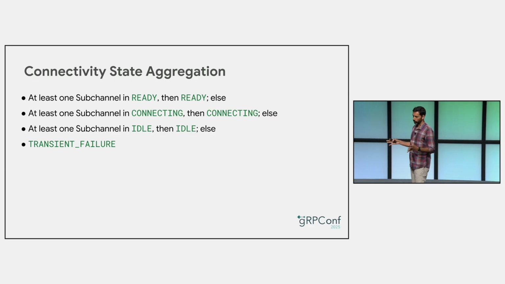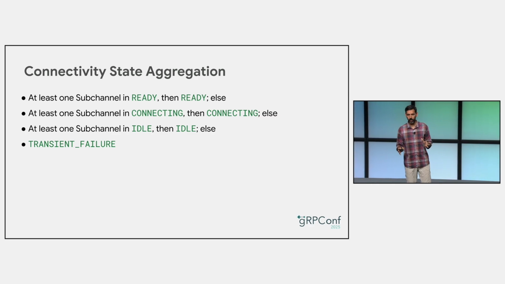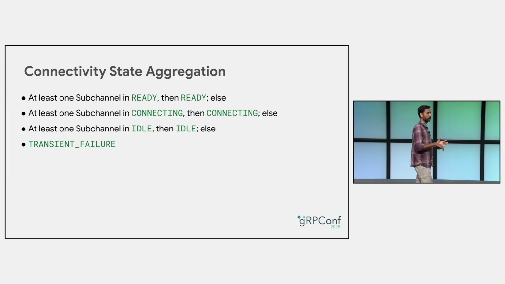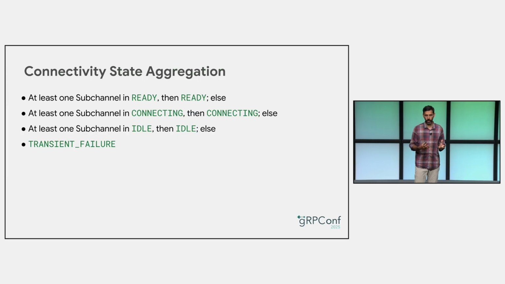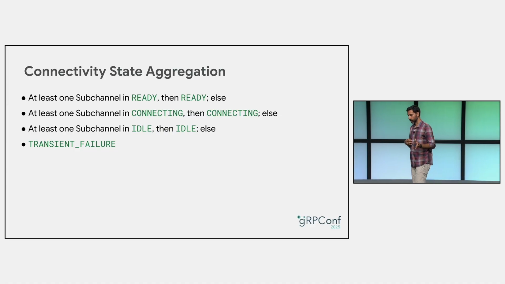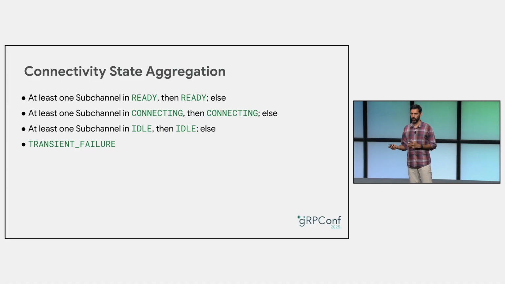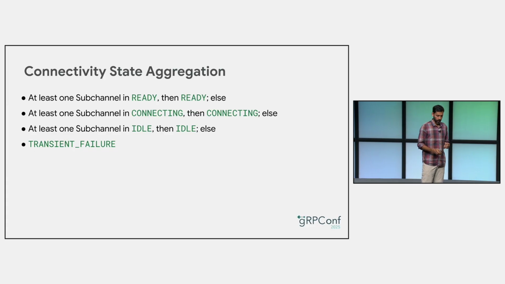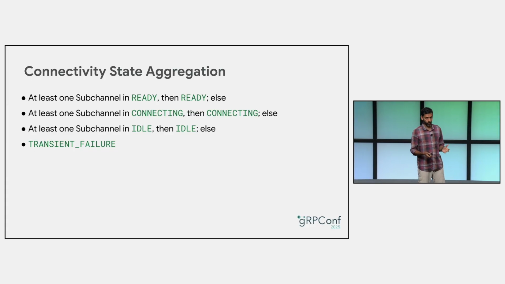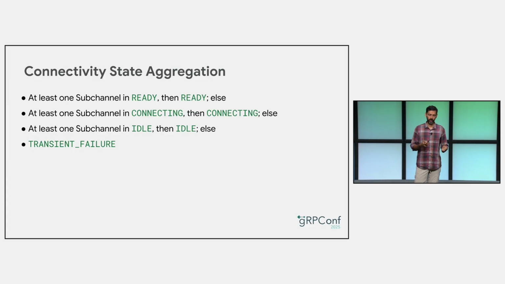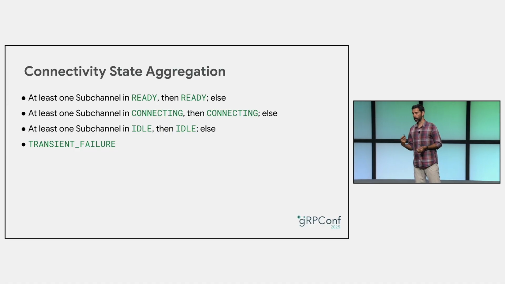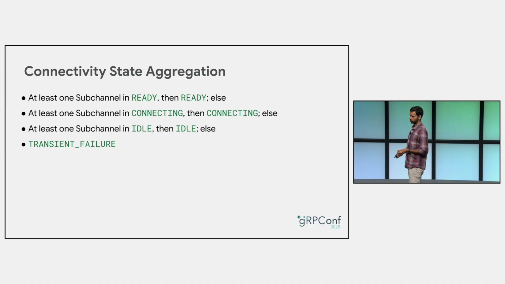If there are no subchannels in ready, connecting, or idle, then the overall state of the channel moves to transient failure. And this overall connectivity state of the channel can be queried by the client application using the gRPC client API. Now, LB policies are free to use other state aggregation algorithms as well, and there are LB policies in gRPC which do that.